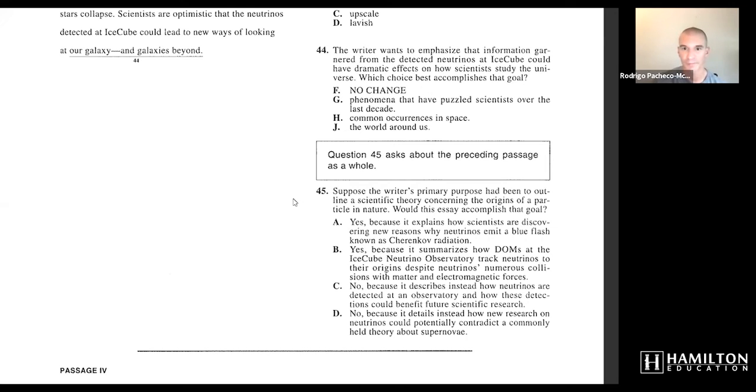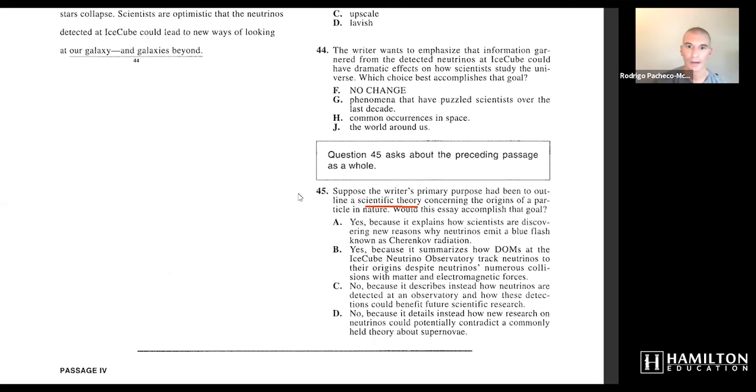We'll read the question first. Suppose the writer's primary purpose had been to outline a scientific theory. I'm already having my doubts about this. There's really no scientific theory that this passage focuses on or outlines. A scientific theory concerning the origins of a particle in nature.